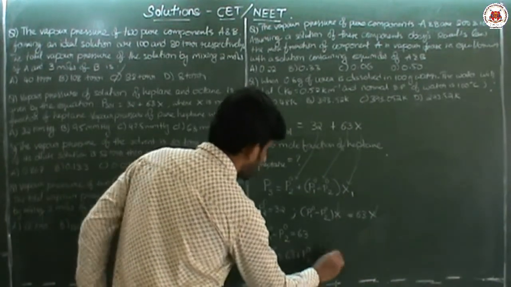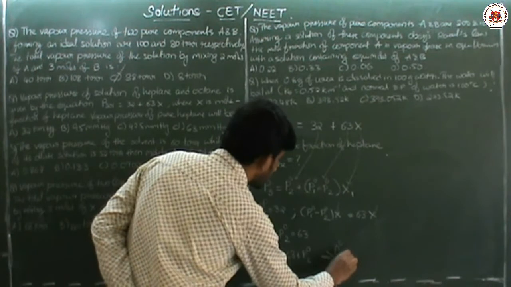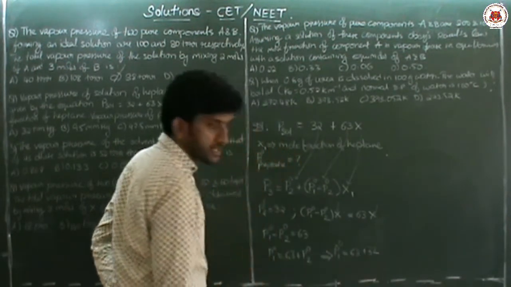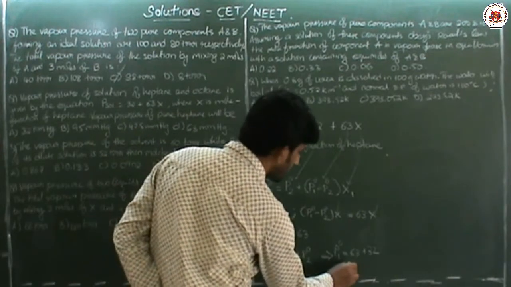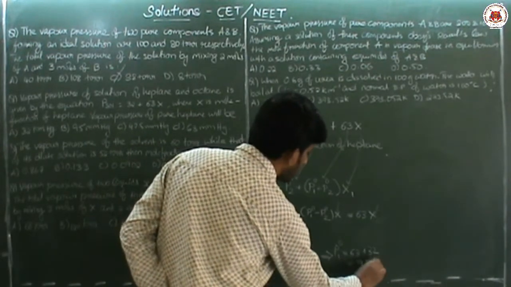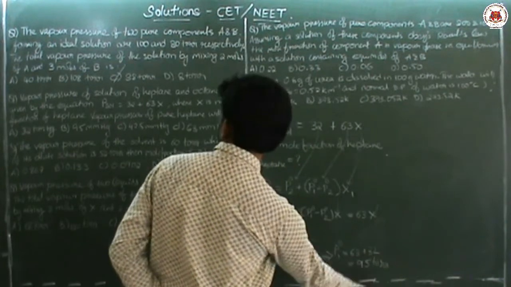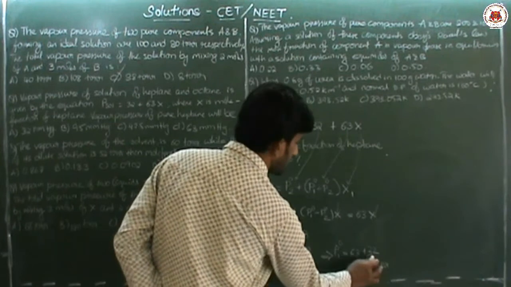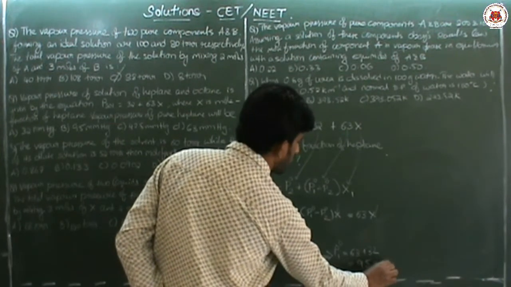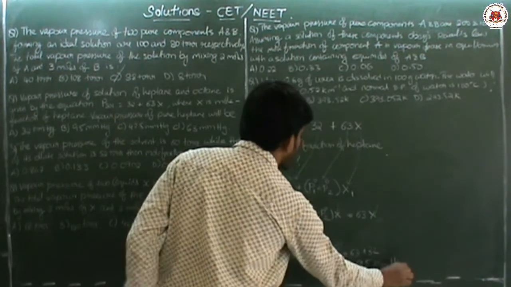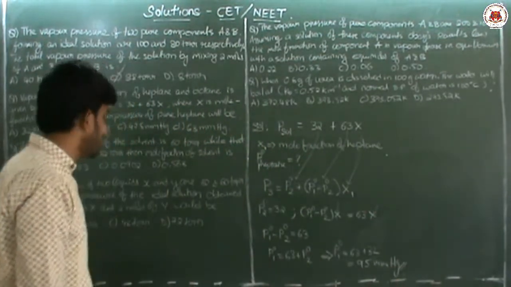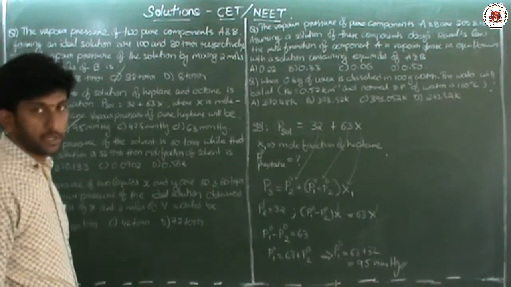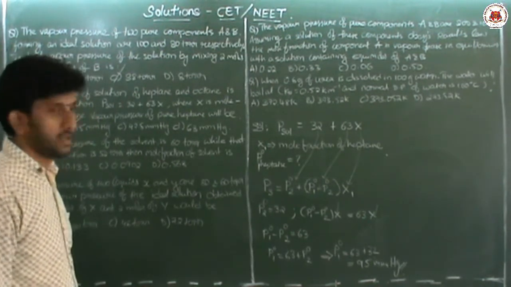That means P01 is equal to 63 plus 32, which is 95 torr or mm. The pressure is given in mm, so 95 mm of Hg is the answer. So the answer is B, 95 mm of Hg.